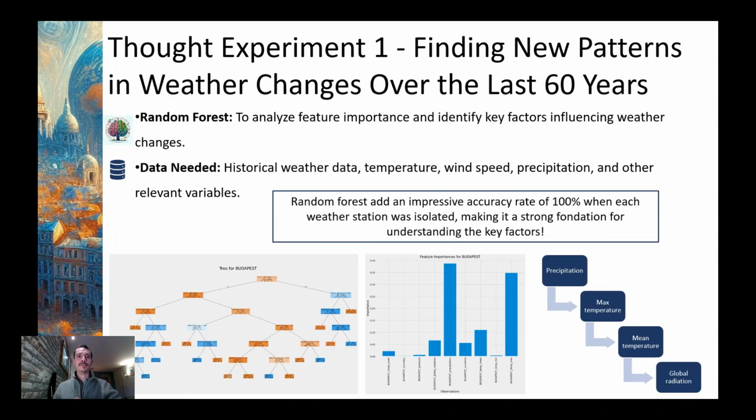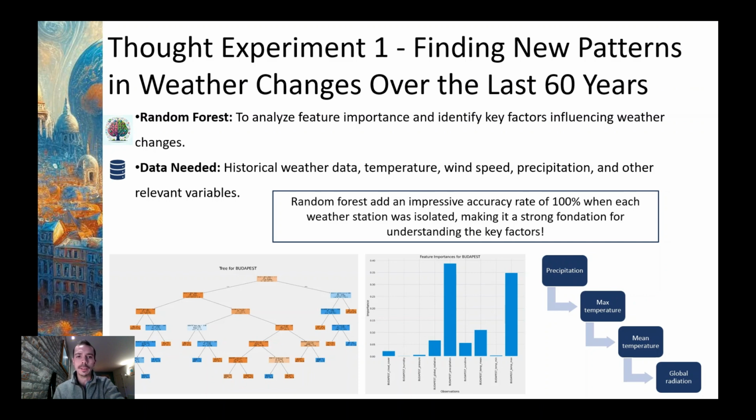Let's move on to the first thought experiment I suggest, which is finding new patterns in weather changes over the last 60 years. For this thought experiment, we'll stick to the random forest to analyze feature importance and identify key factors influencing weather changes.